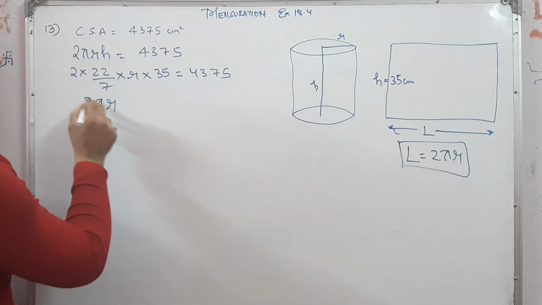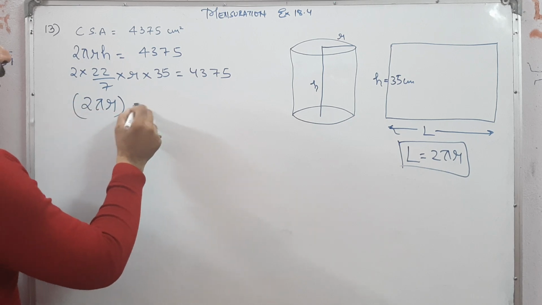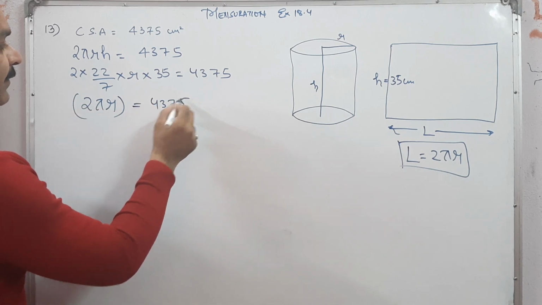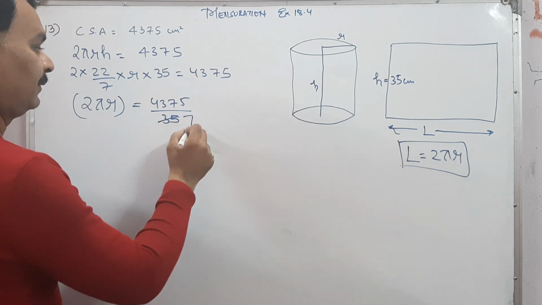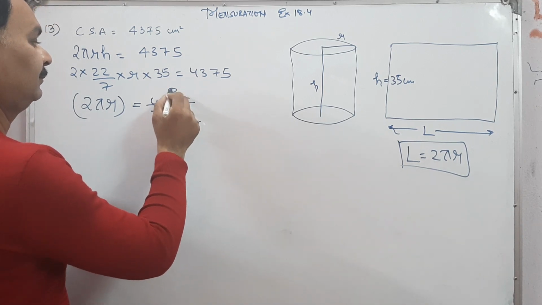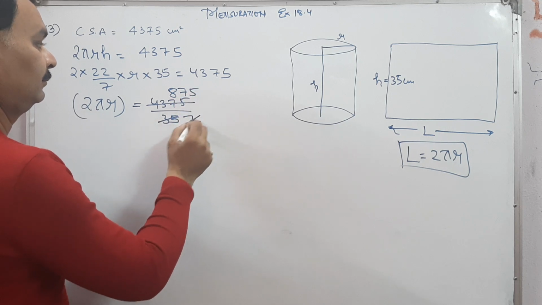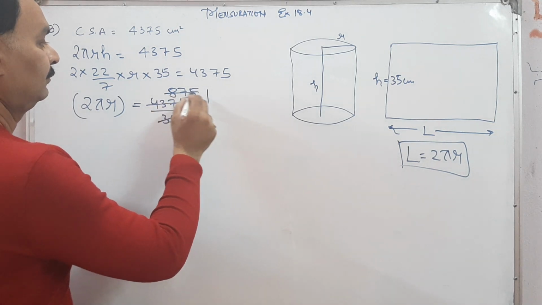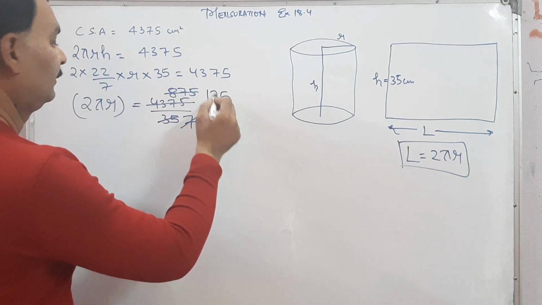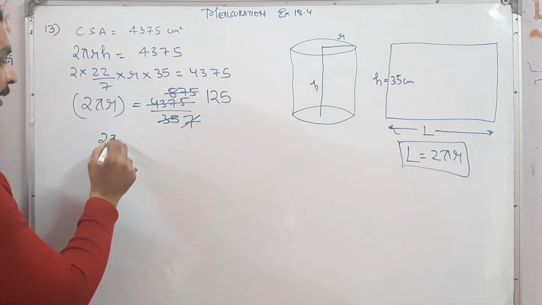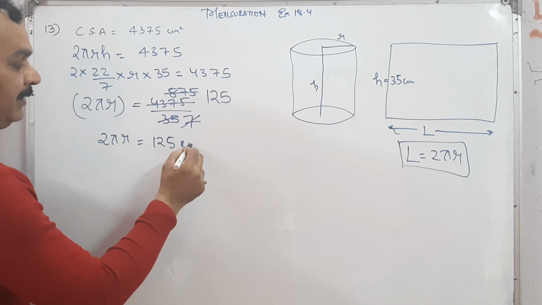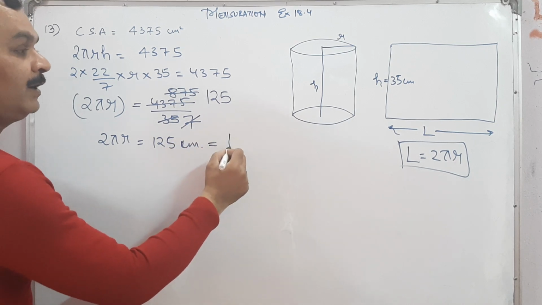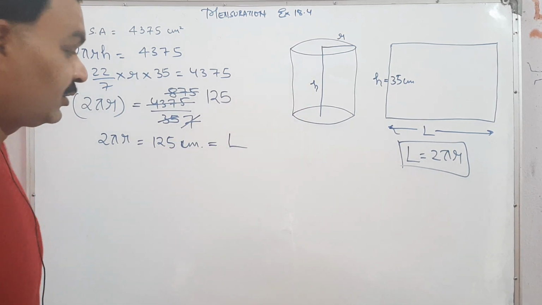I will keep it as it is, 2 pi R and 4375 divided by 35. So 2 pi R comes out to be 125 centimeter, which is equal to the length of the rectangular sheet.